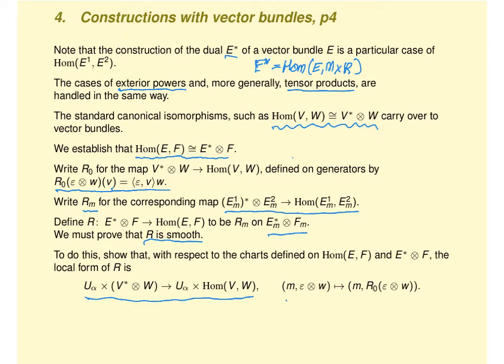And what it actually is simply that. In fact, it would actually be easier to write down that it's the identity on U alpha times R0. And that gives you smoothness immediately. So again, that's a check, and I recommend it.